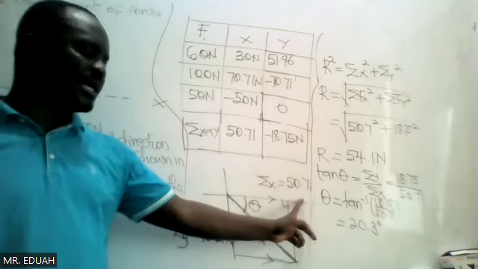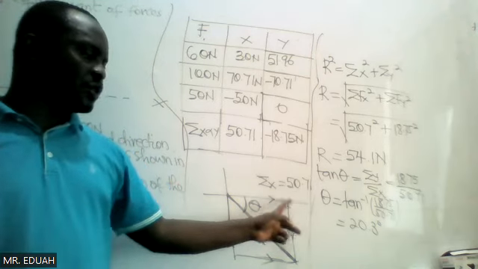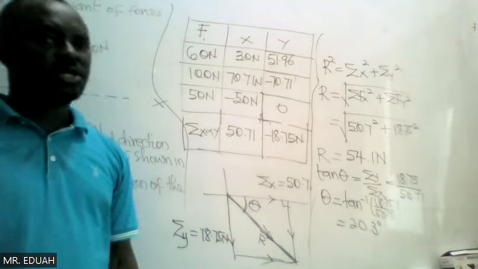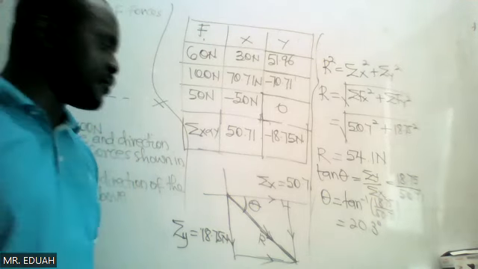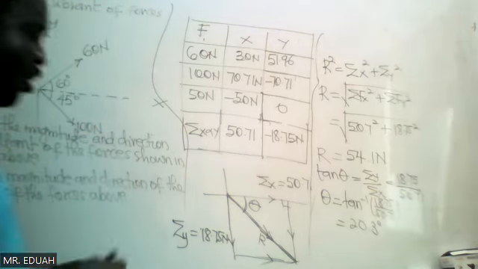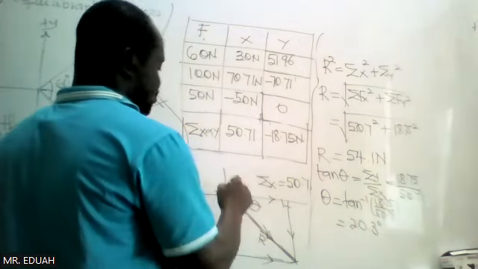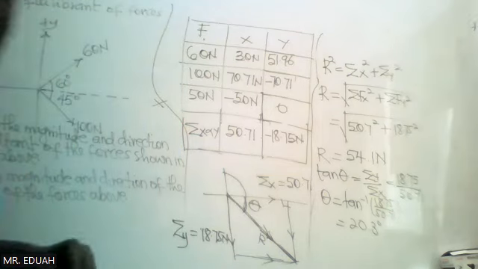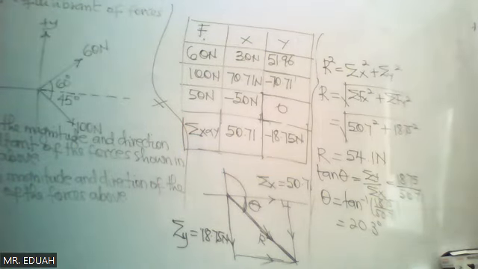So if you are at the east, you have to turn through an angle of 20.3 degrees to face the resultant, or 20.3 plus 90 from the north would also give you the same direction. Okay.